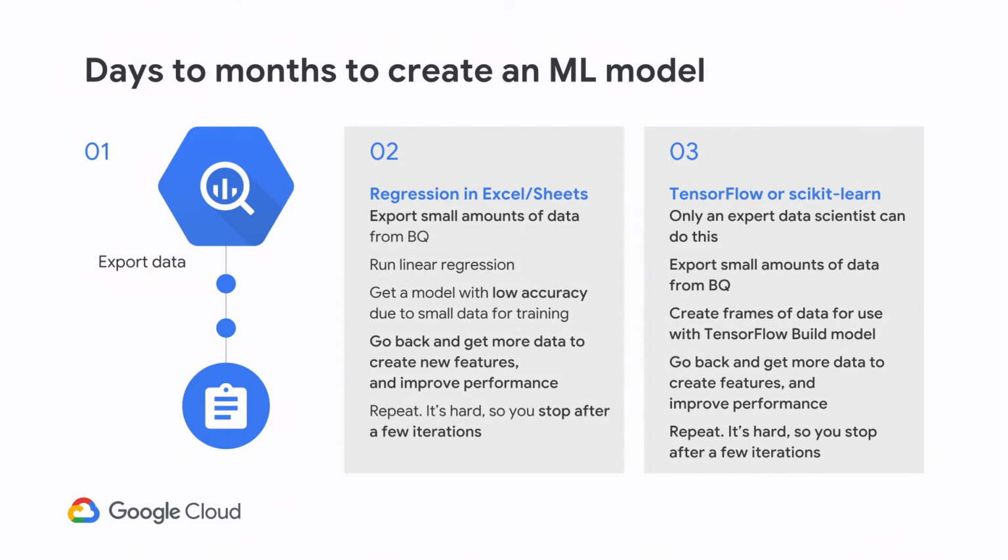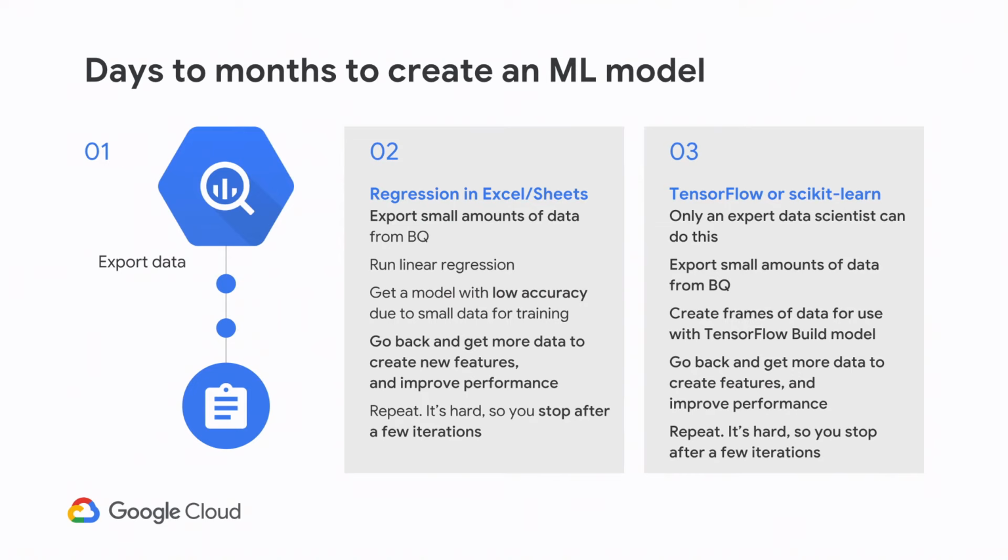Yeah, so I'm a little bit curious, how have customers previously used BigQuery plus machine learning in the past? So if you think about a typical process, since it's really hard to do machine learning where the data is, the first step is people end up exporting data to an object store. And from there, if you are a data analyst, you would take a small sample to sheets, do a linear regression.